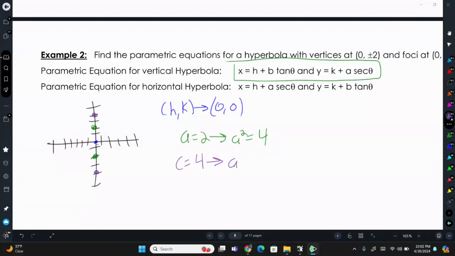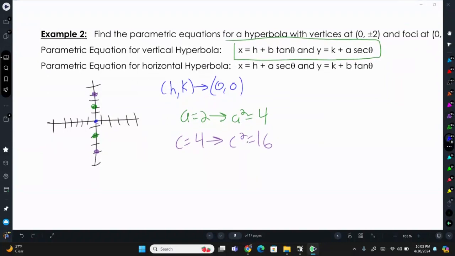So c equals 4, which means c squared is 16. In a hyperbola, c squared is equal to a squared plus b squared. So b squared is going to be 12.